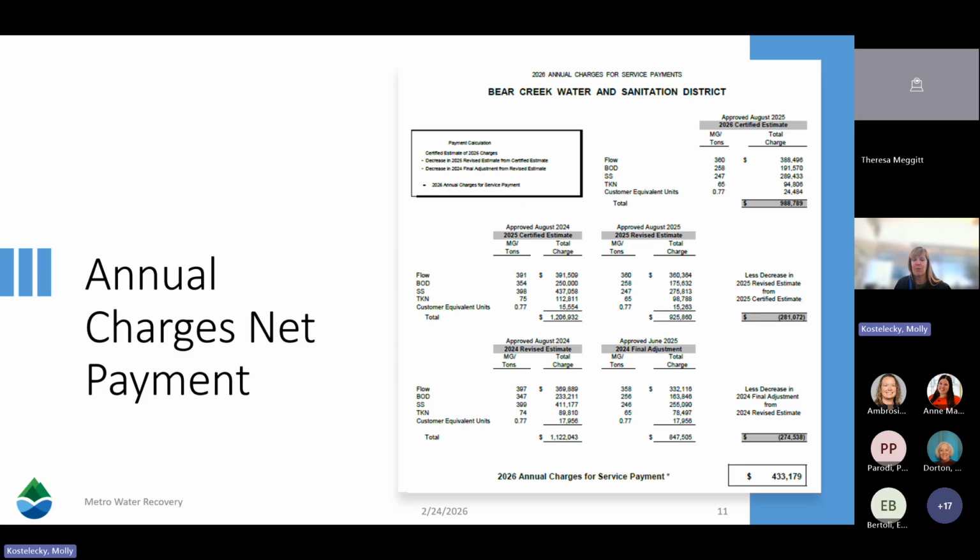So they had some adjustments from prior years that reduced this overall cost. At the same time, because the total amount of annual charges isn't changing in any given year, we're collecting that full amount, somebody else's bill maybe went up a little bit or had an adder because Bear Creek's went down a little bit. Again, multiple variables for each one of these iterations.